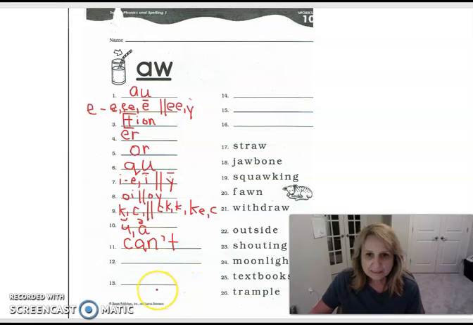Number 13, the 2 ways to make this sound. We learned one yesterday, like in faucet, and one today, as in straw. Write those 2 ways. Number 14, saw. I saw the dog.